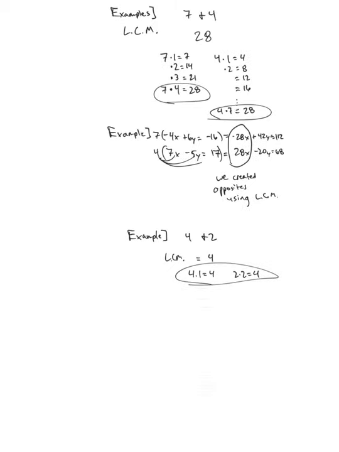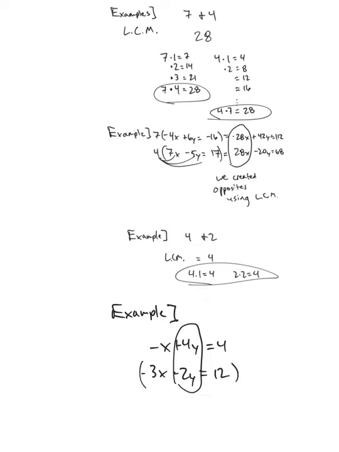How that applies in an example is, well, what if I had negative x plus 4y equals 4, and I had negative 3x minus 2y equals 12. And maybe I wanted to eliminate these y's. Well, just multiply the bottom by 2. I don't need to multiply the top by 1 to make that 4, because it's already 4.